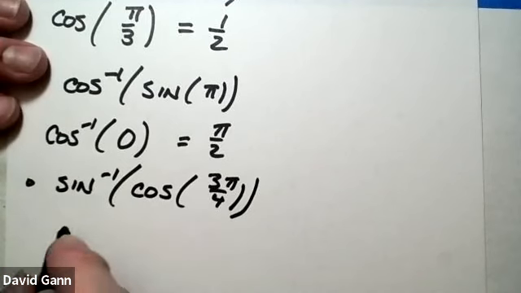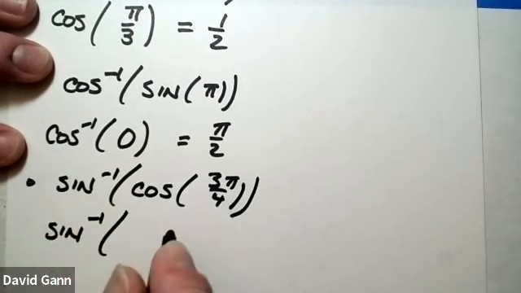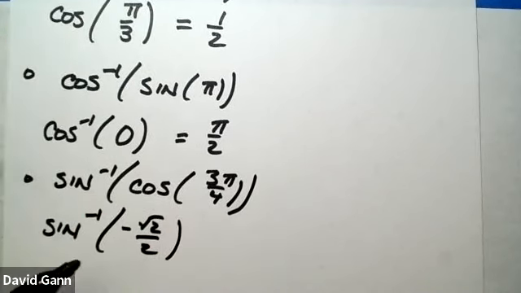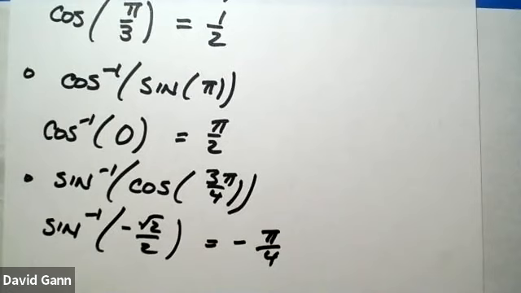It'll be negative root 2 over 2. So it becomes inverse sine of negative root 2 over 2. Now we know that the inverse sine has a range in quadrant 4 and quadrant 1, so between negative pi over 2 and positive pi over 2. This is going to be an angle in quadrant 4, with a numeric value equal to minus pi over 4.